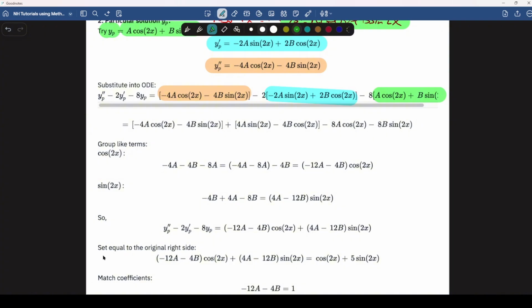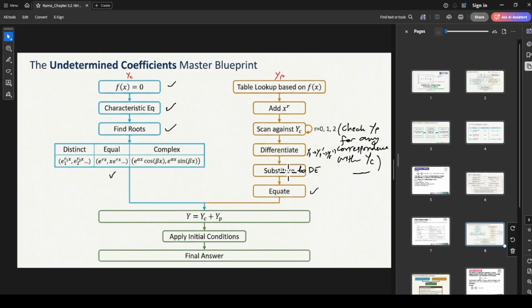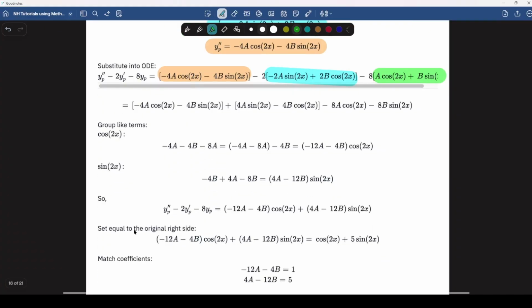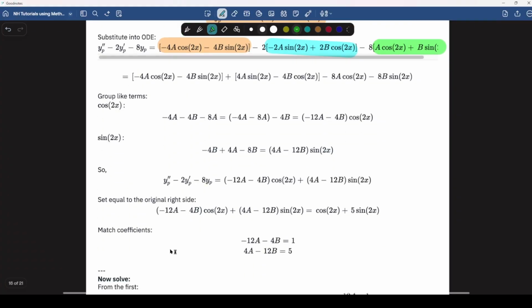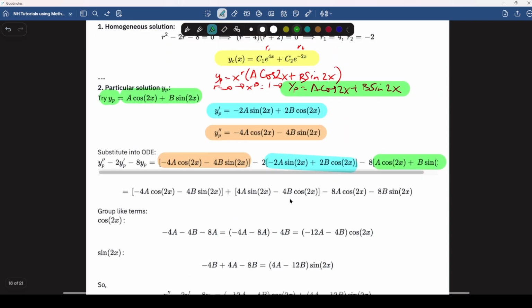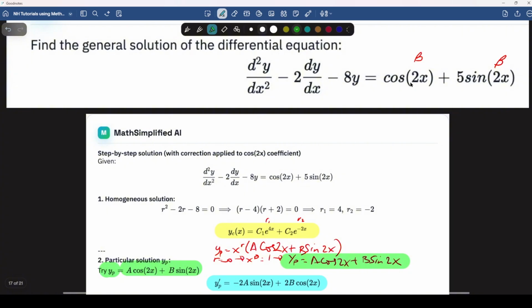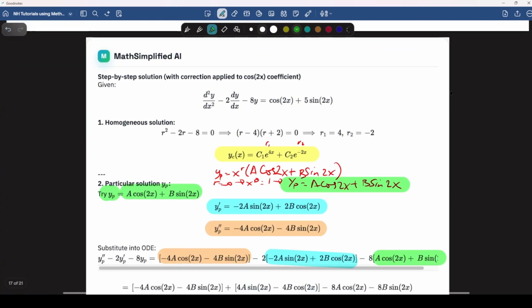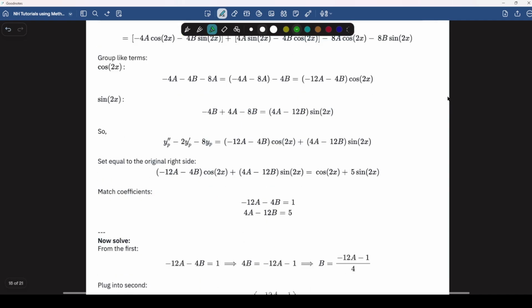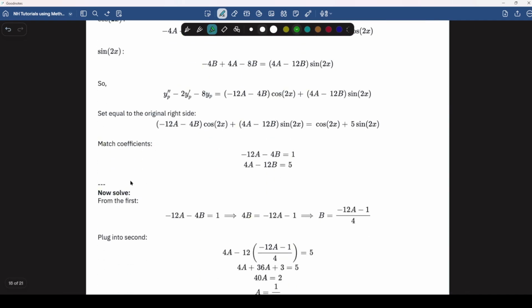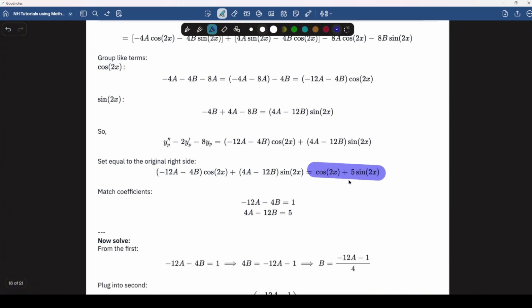Then we do the equating. After the very long substitution, we equate with f of x on the right hand side. Our f of x, if you remember, is cos 2x plus 5 sin 2x.